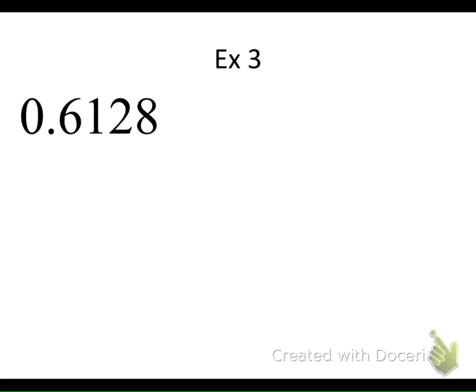Okay. So, I'm going to look at the last digit in the decimal, which is the 8. Jaden, can you tell me what place value that's in? 10,000ths. Because we've got tenths, hundredths, thousandths, 10,000ths. So I'm going to write 10,000ths.